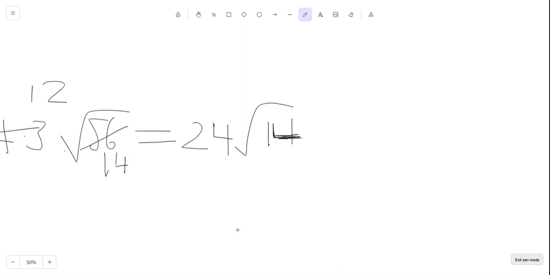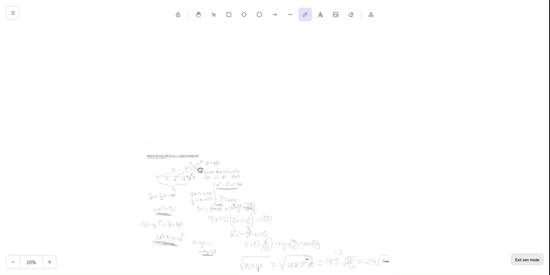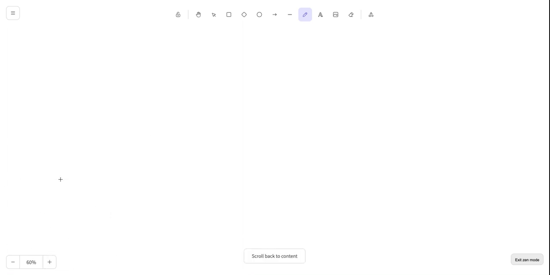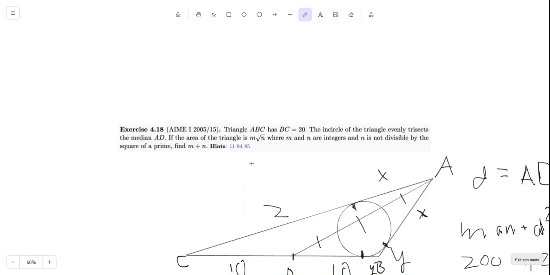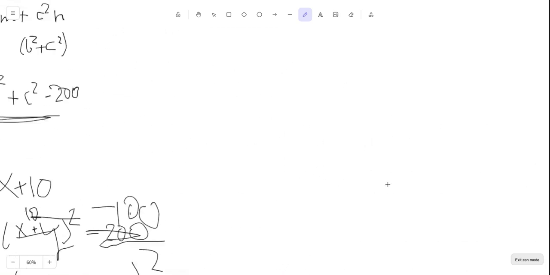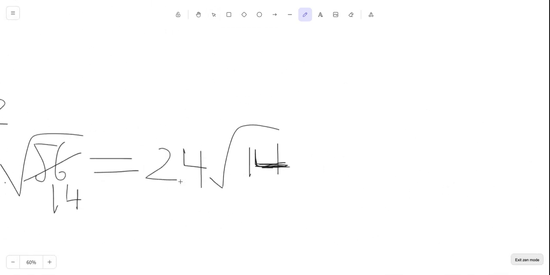Now, since we finally have our value, in the contest, it's asking for the final answer to be, if the area of the triangle is 24 root 14, basically find m plus n. It also tells us to take out any squares from the radical.